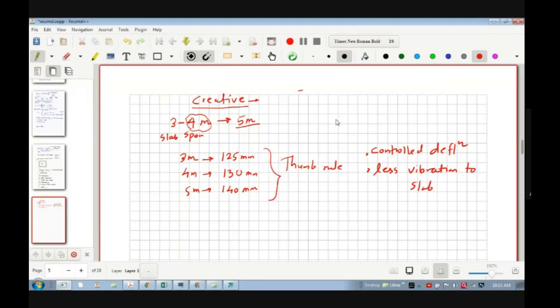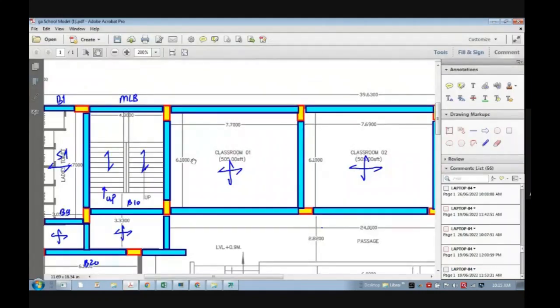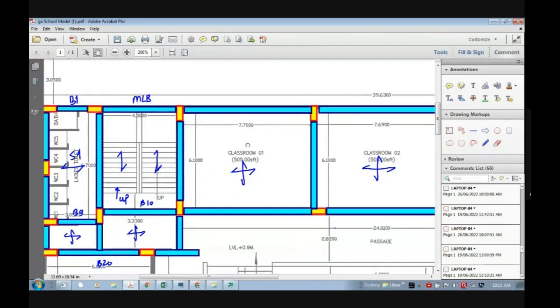The more span, the more vibrations. I know that for more span, I will design more thickness, but still. Now, as this span, I see that it is more than 4-5 meters, 6 meter by 7.7 meter, then I should really think whether I should provide such a big slab or not.